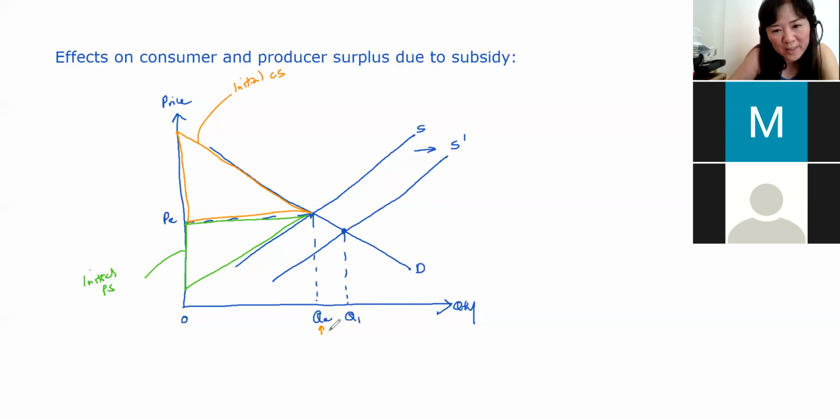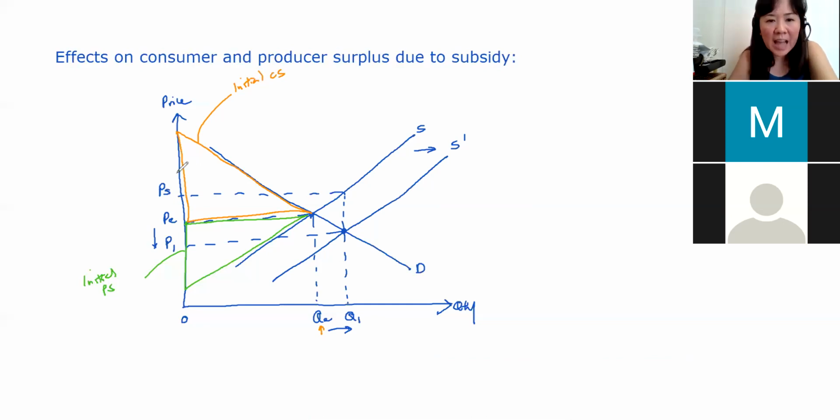So the quantity transacted has increased and the price paid by the consumer has decreased, but the amount received by the producers has increased, which is at PS.